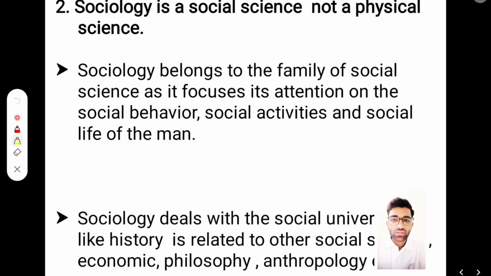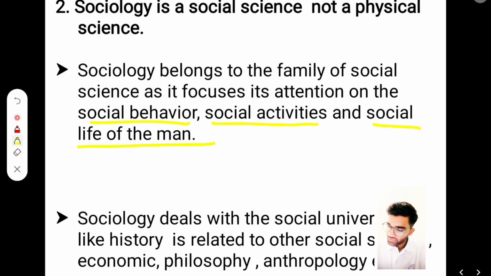Next one, sociology is a social science, not a physical science. Sociology belongs to the family of social sciences as it focuses its attention on social behavior, social activities, and social life of men.